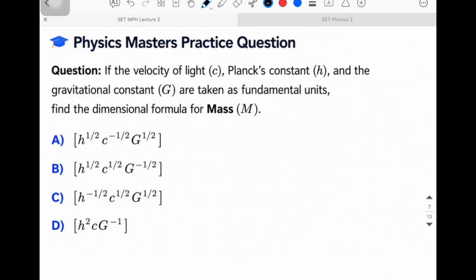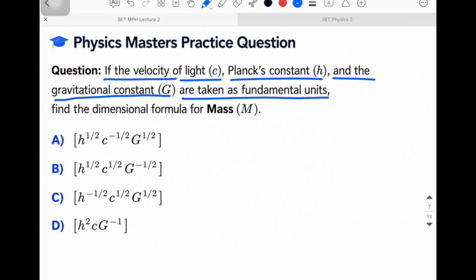Here the question: if the velocity of light c, Planck's constant h, and the gravitational constant g are taken as fundamental units, find the dimensional formula for mass m. So we have to write mass m in terms of c, h and g.